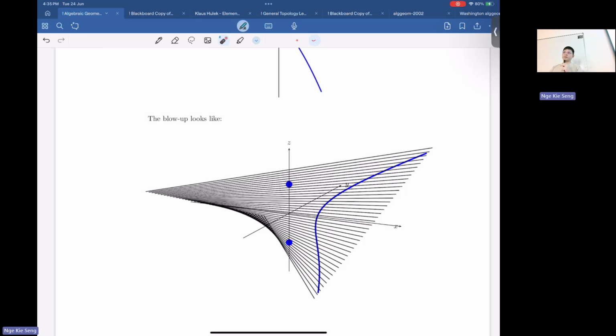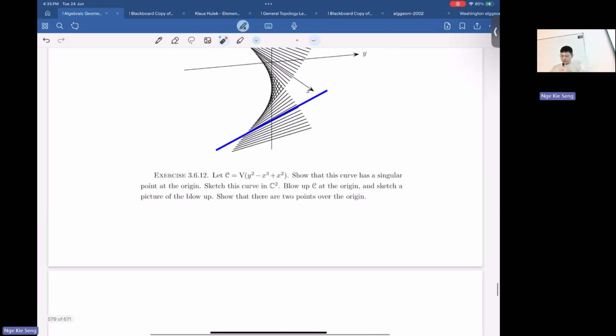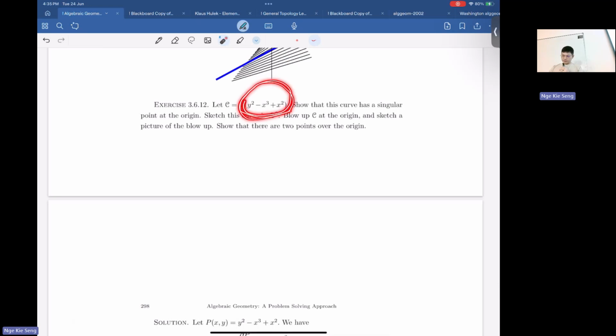Basically, you need to put your defining function here and compare it with x, y. So what's the blow up of this guy? x of t, y times t. We just need to solve it like this.